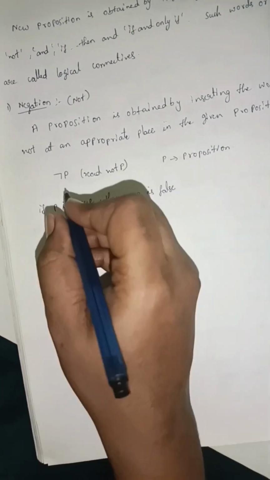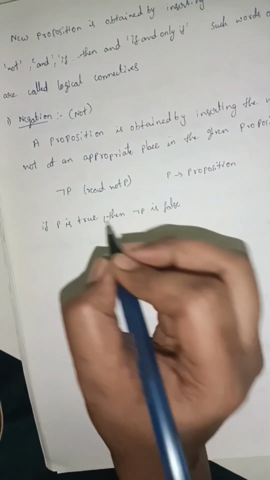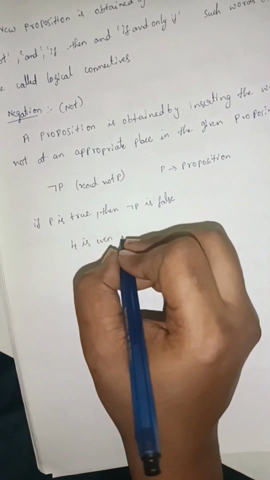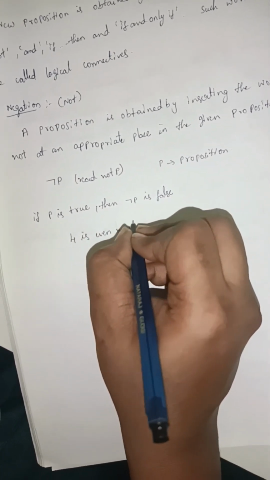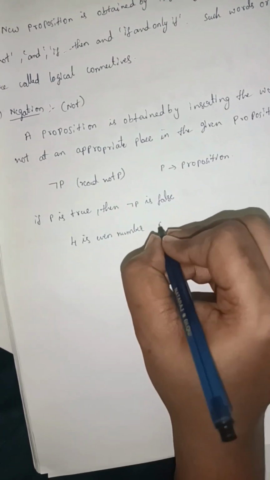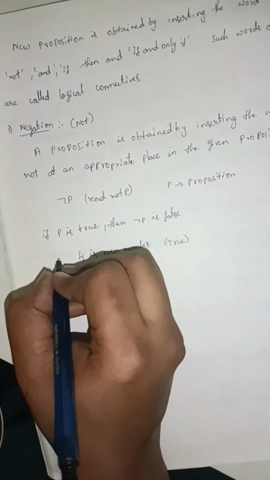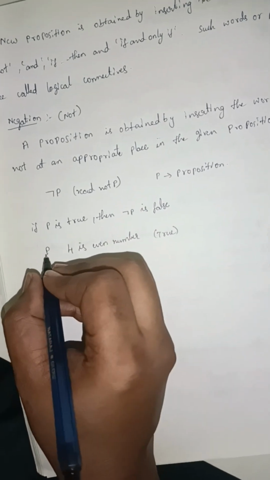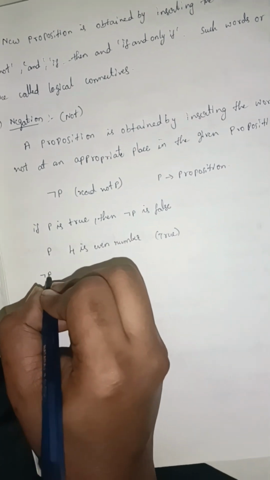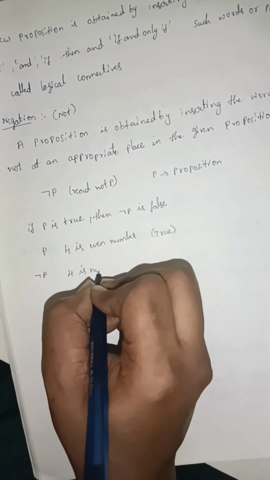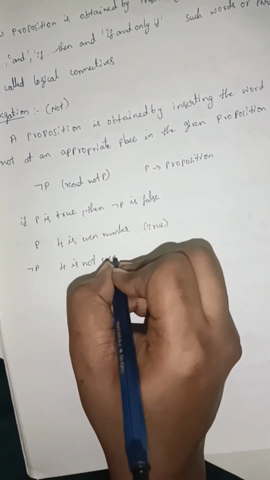I show it in an example. If P is true, meaning 4 is an even number, this is true. If not is applied to the proposition, it becomes 4 is not an even number.